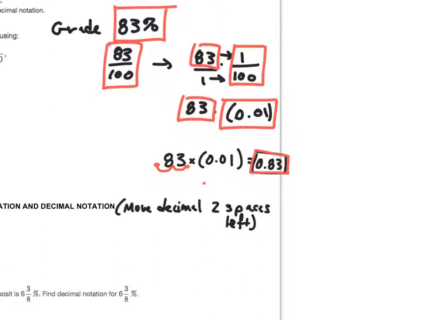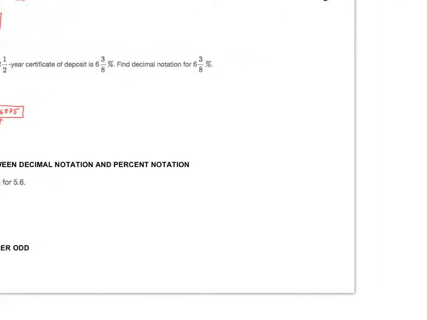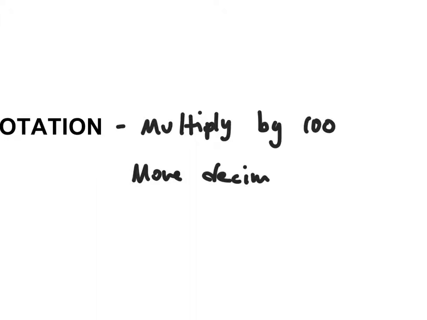So to go from decimal to percent notation, we can multiply by 100. Or you can move the decimal place 2 units to the right.